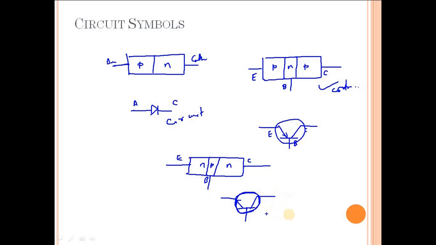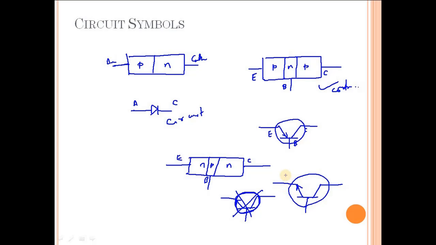Okay, let me draw in a better way. So this is how it should look. So the arrow is pointing outside, and we have a circle to represent the package. So forget the earlier one. That was not looking nice.